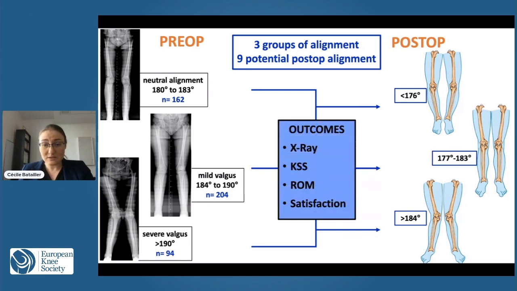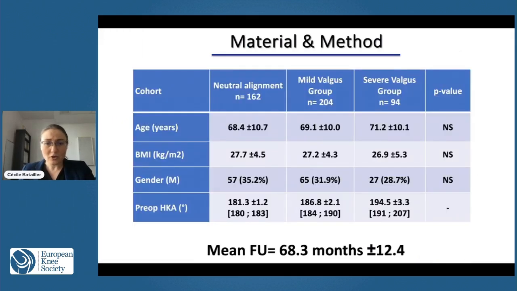And we assessed the X-ray, the KSS, the range of motion, and the satisfaction at the last follow-up. So first, for our demographic data, we didn't find a significant difference for the age, BMI, or gender between all these patients. We have a mean follow-up of 68 months.